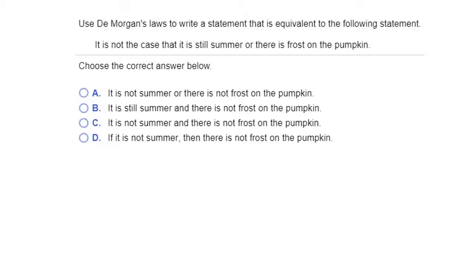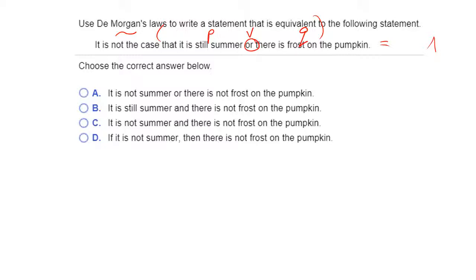It is not the case, so that's my negation, that it is still summer or there is frost on the pumpkin. Remember, the word or must change into an and situation. So it is not the case that P, it is still summer, or Q, there is frost on the pumpkin.